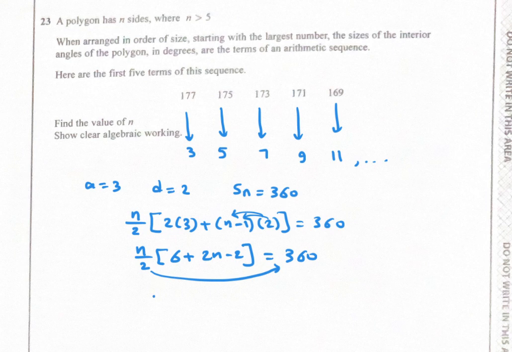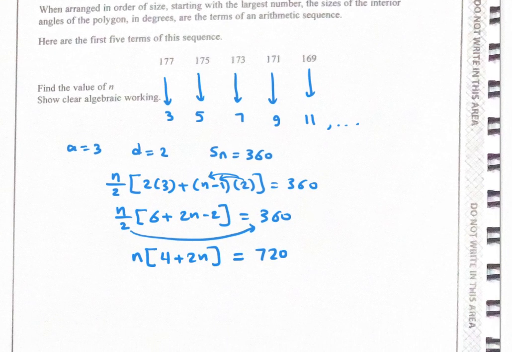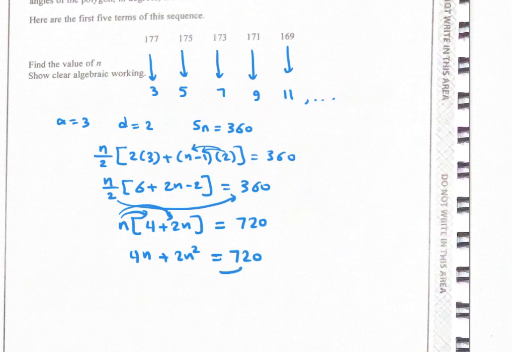Now you are left with n into 6 minus 2, which is 4, so 4 plus 2n equals 720. N times 4 equals 4n, and n times 2n equals 2n squared, equals 720.